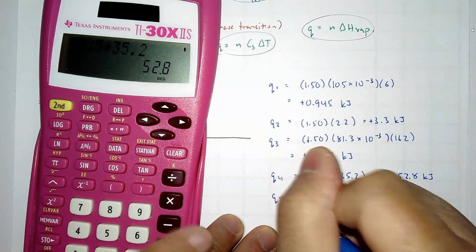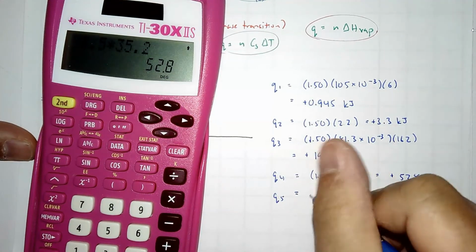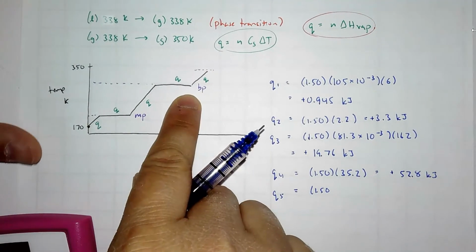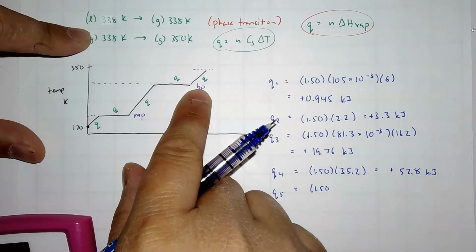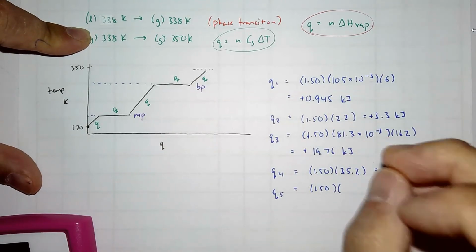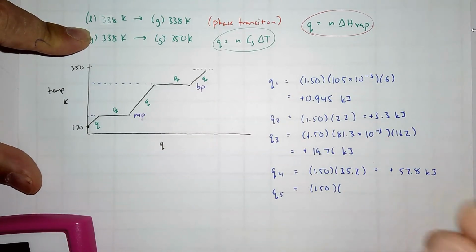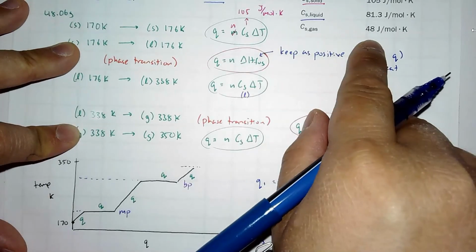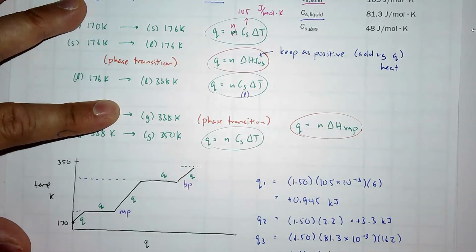Last Q, people. 1.50. We are heating the vapor from the boiling point to the final temperature. We need the specific heat capacity of the gas, 48. The trick is to make it kilojoules, 48 times 10 to the minus 3.